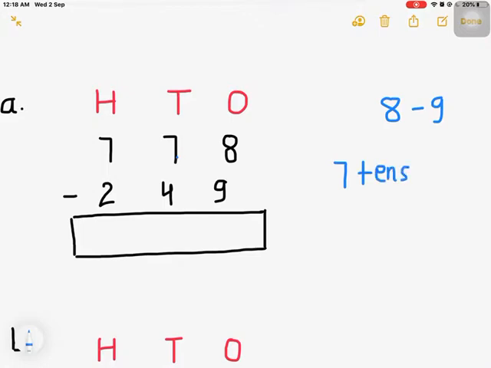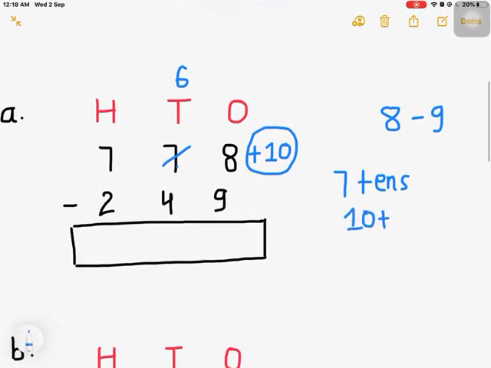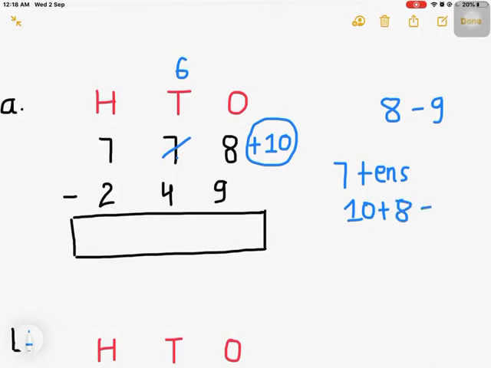So it will borrow from tens column. From 7 tens, it will give 1 ten to ones column. So in place of 7 tens, we have 6 tens here. When it gives 1 ten, so 10 plus 8, it becomes 18, isn't it? So 18 minus 9 is 9.